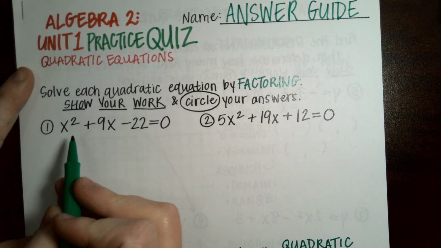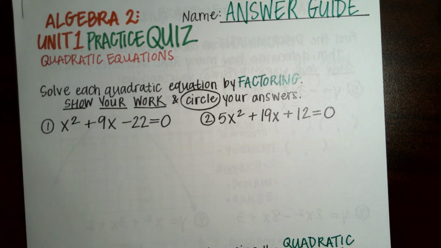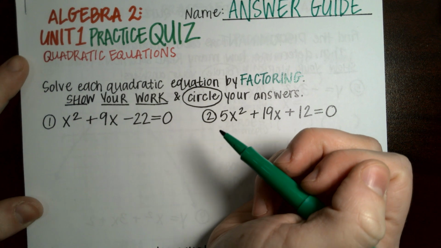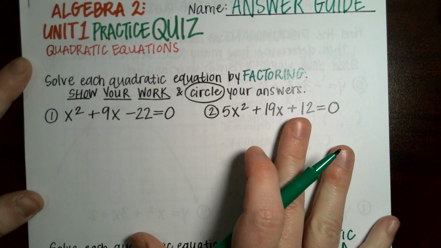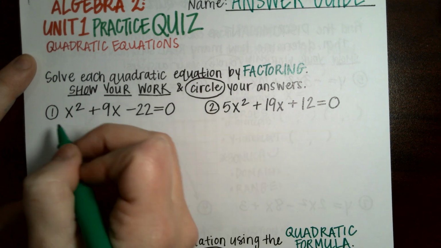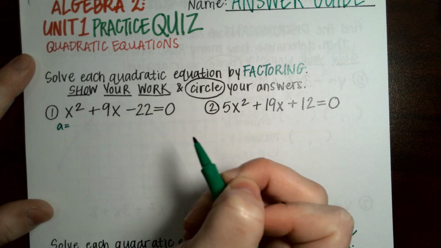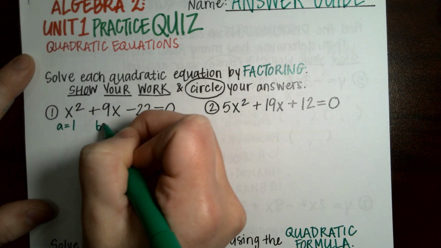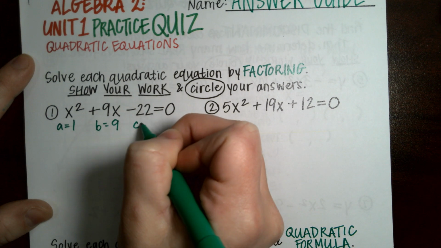So whenever we are trying to solve by factoring, what is the first thing we want to look at? The A, B, and C. Yes, A, B, and C. What are our A, B, and C here? 1, 9, negative 22. Good.